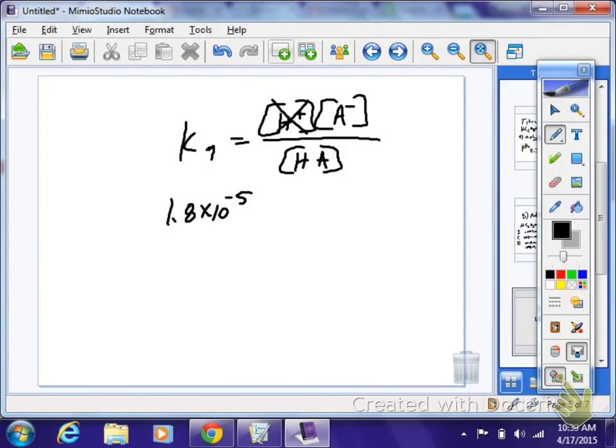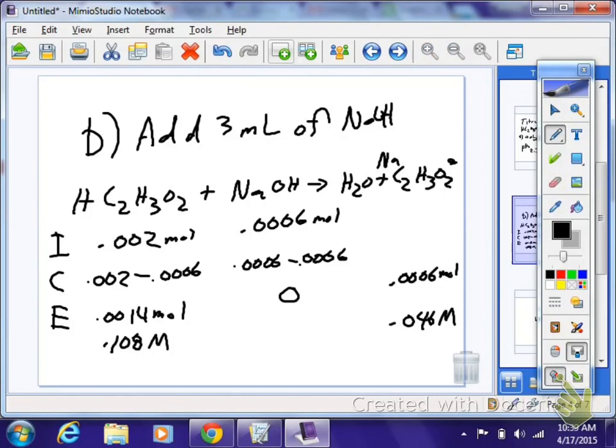Do we know the concentration of our A minus? So this C2H3O2 would be our A minus. Well, how would that be A minus? Well, because the Na, if you take it away, it's a spectator ion.